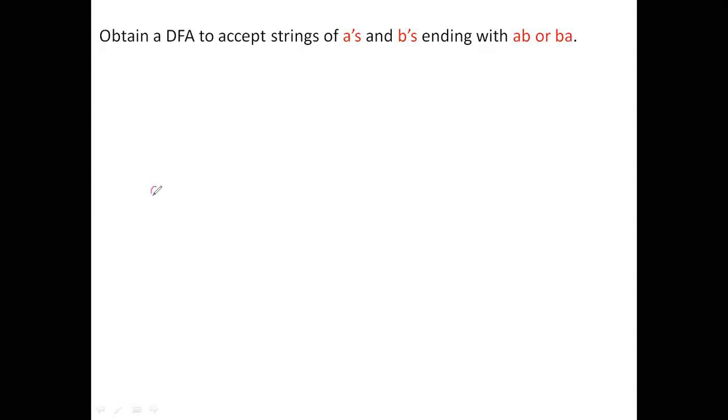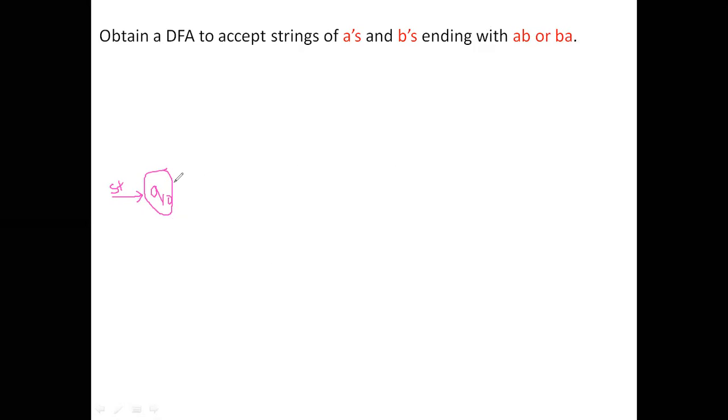So we'll begin. Q0, I'm considering it as the start state as usual. Now there are two possible conditions, right? AB or BA. Fine. So for AB we need to select one path and for BA we need to select another path.